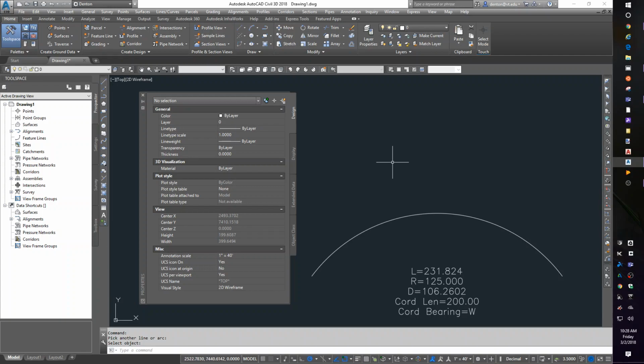We learned in the early weeks of CAD how to do a line with an angle and a distance. It was at, distance, less than, angle. We can still use that with a bearing.